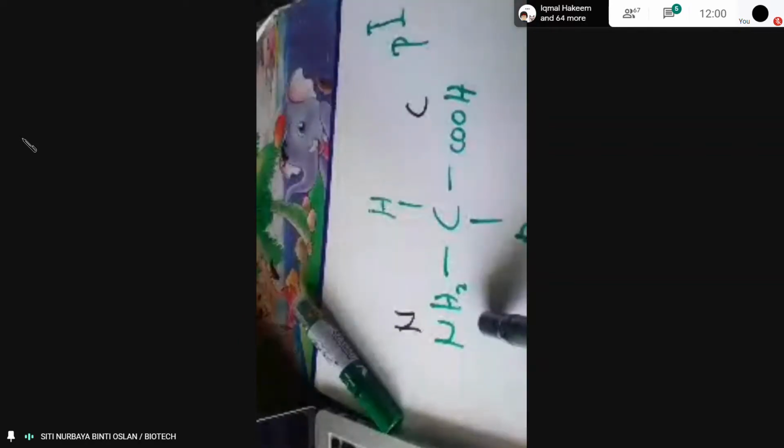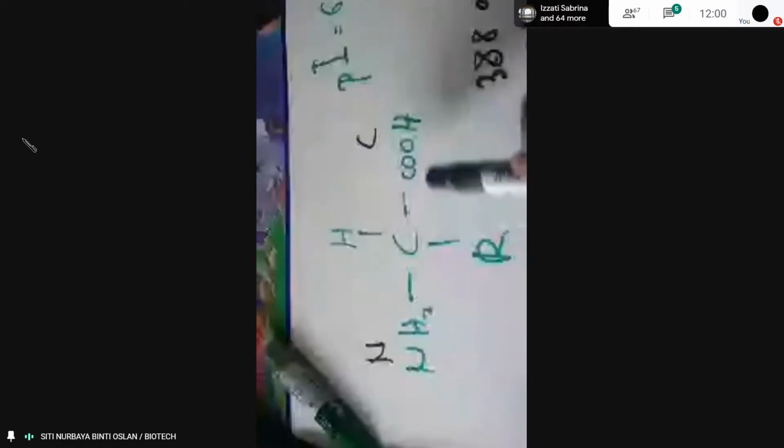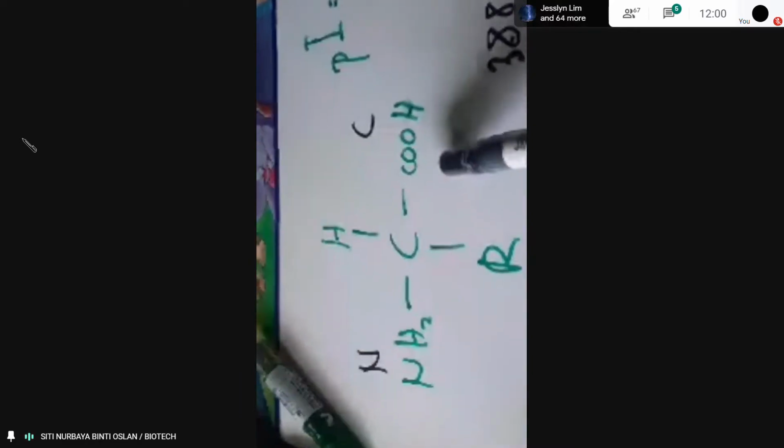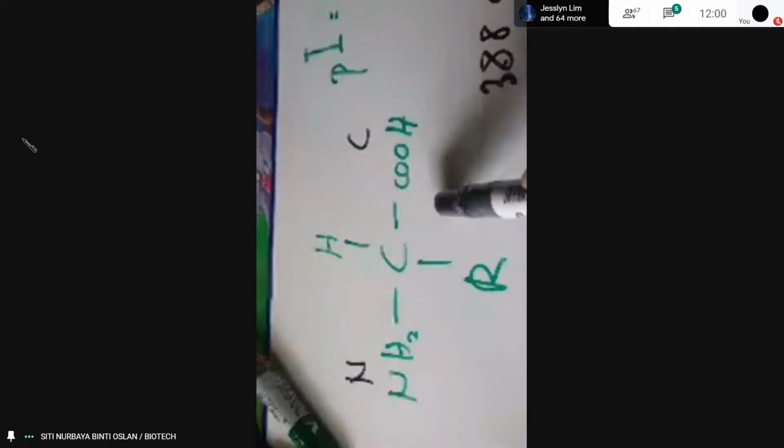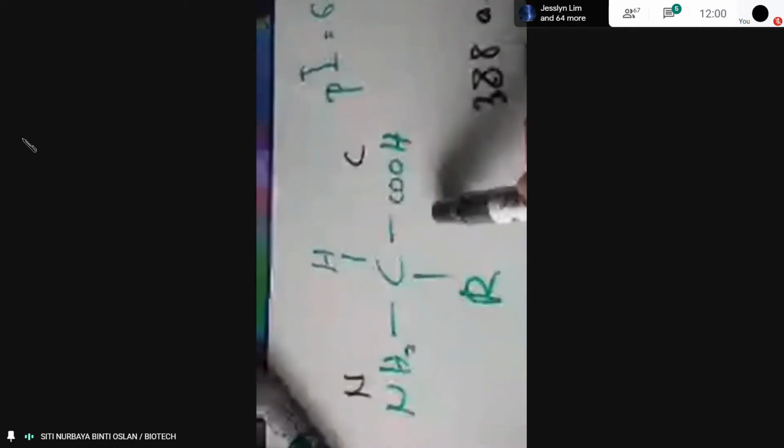So when we say that our protein can be separated based on the charge, for example, if this is your N terminal, the first amino acid, then the extension of the protein is based on this side, from N to C terminal, okay?